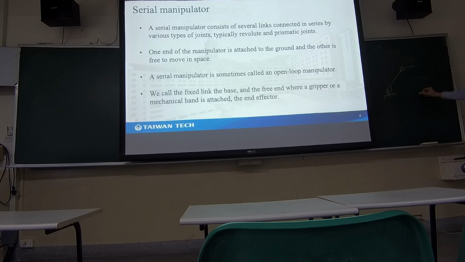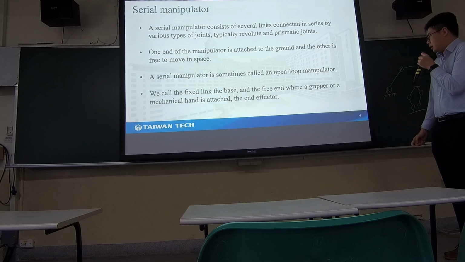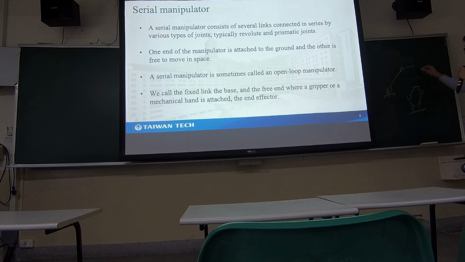In contrast, like this one, this will be a closed loop manipulator or a parallel robot. And we also can fix the gripper, like here, or hand. This is called an end effector.